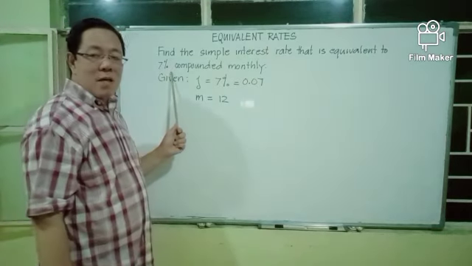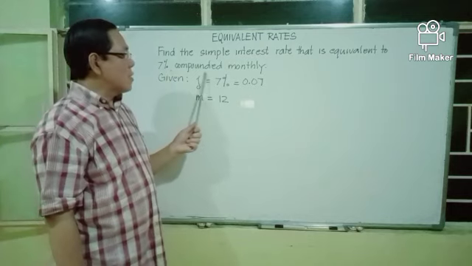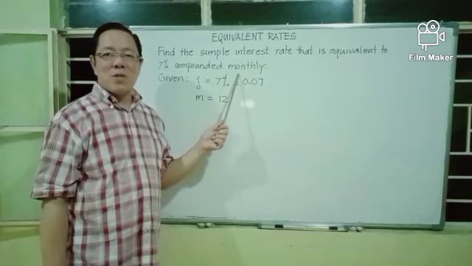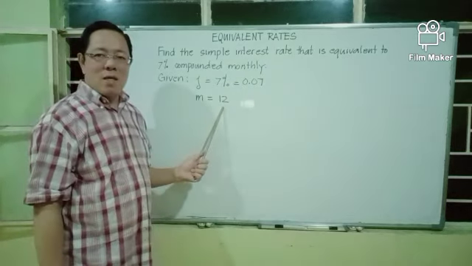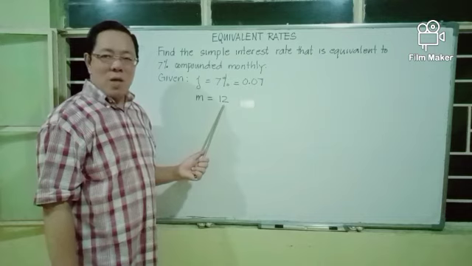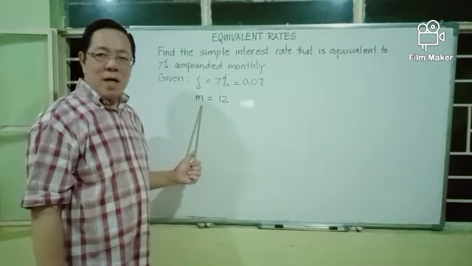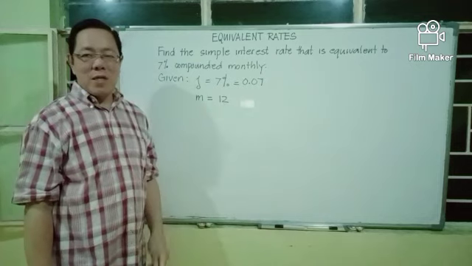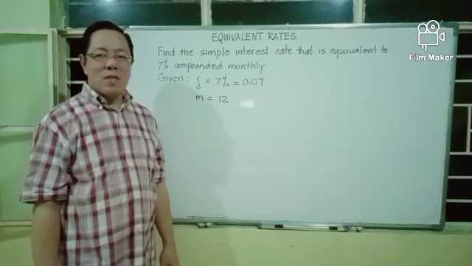And the problem says that 7% is compounded monthly, which means that the interest is computed 12 times in 1 year. Thus, the number of conversion periods in 1 year is 12, denoted by M, the number of interest computations in 1 year.